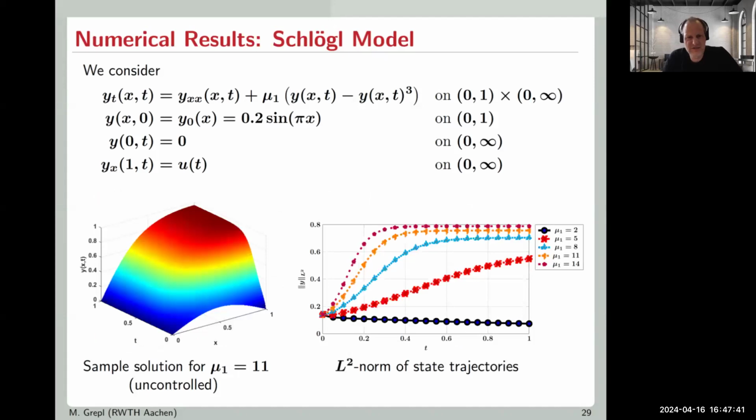Here is a sample solution of the uncontrolled system: if mu is larger than pi squared over 4, then the system becomes unstable and reaches an equilibrium not equal to 0, and only for the smallest mu1 does it actually go to 0.